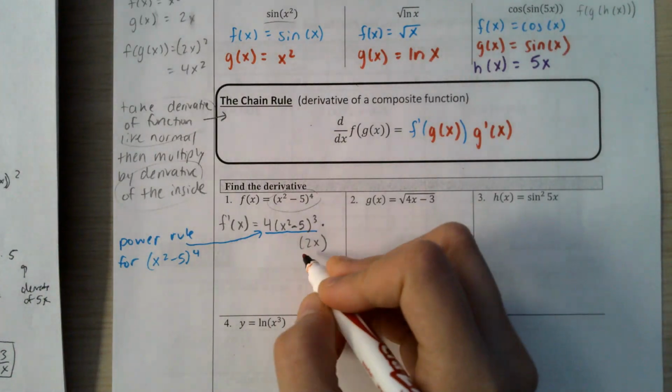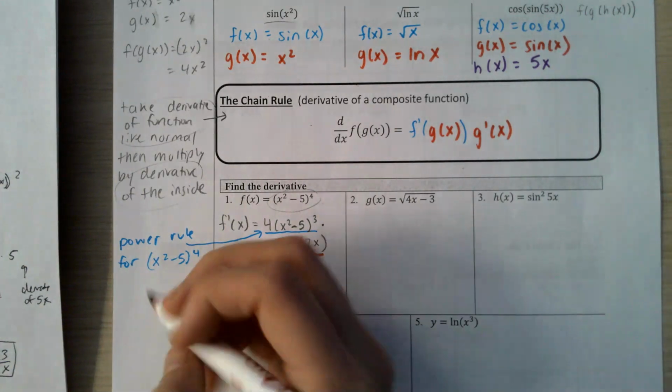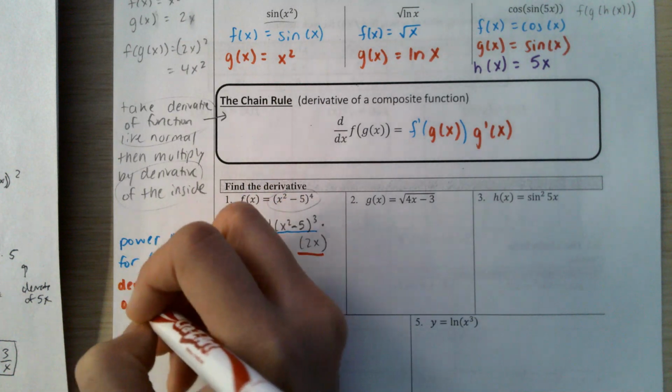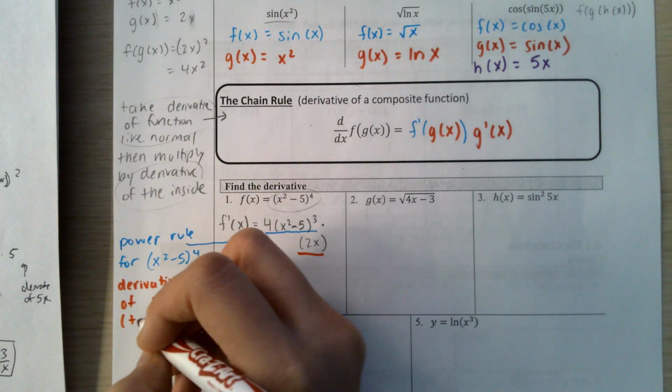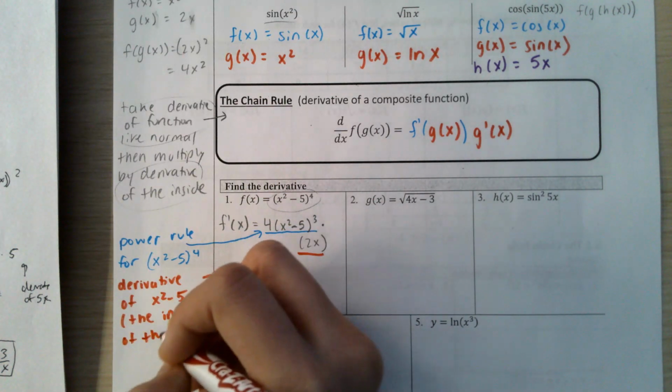And then this right here is the derivative of x squared minus 5, which is the inside of the power rule.